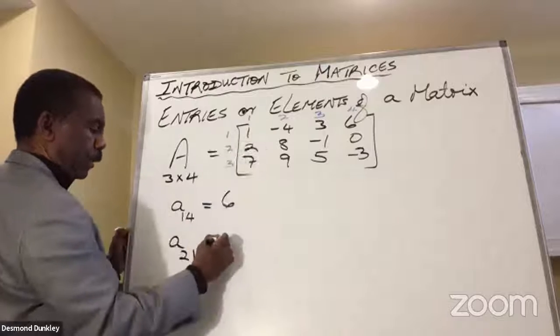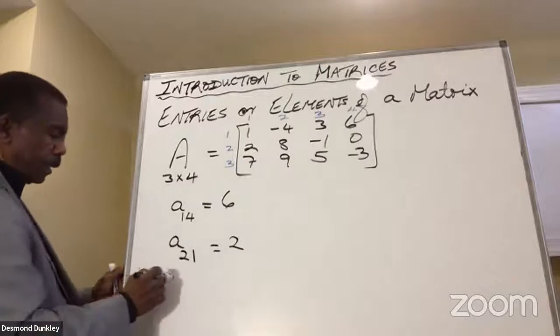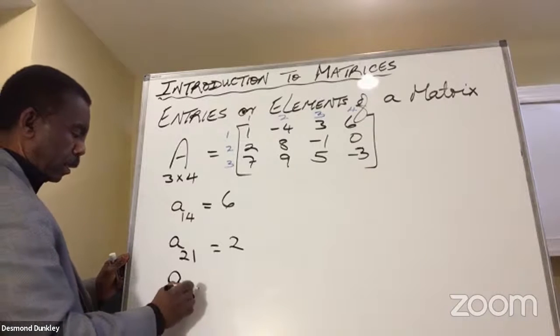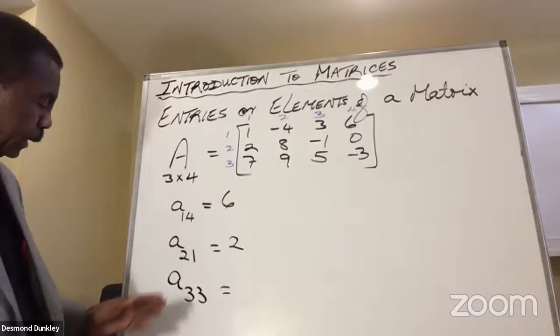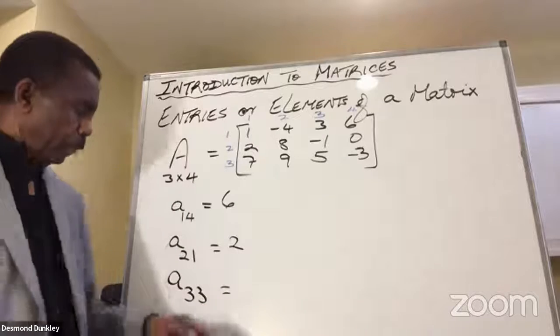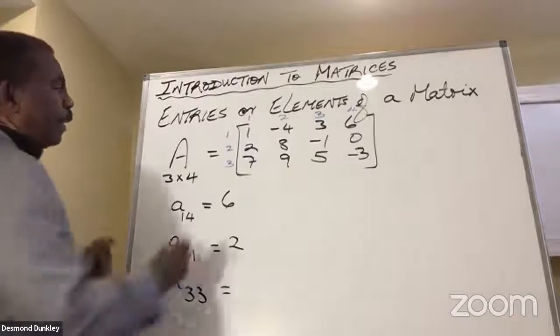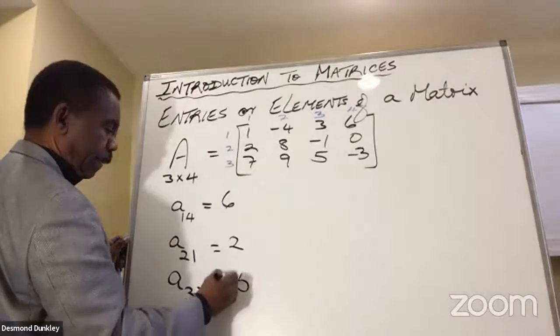So the answer is 2. Let's try another one. a33. The entry will be in the third row, third column. Third row, third column, that is 5.